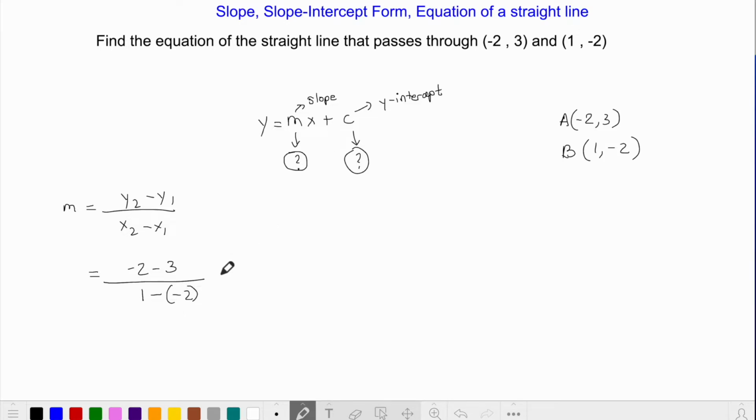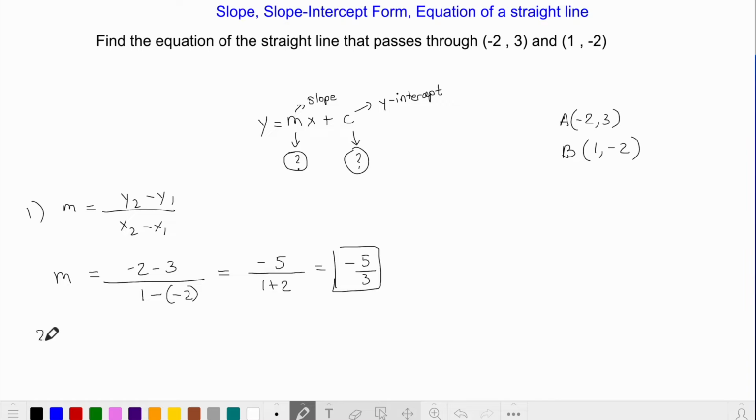In that way, it helps me to clarify the signs and avoid mistakes. So -5 here and 1 plus 2, plus here because negative becomes positive. So that is -5/3. That's the slope of the line, and that's the first step.